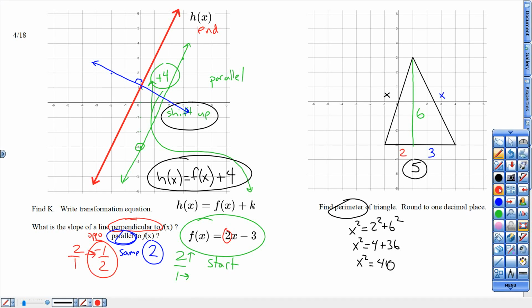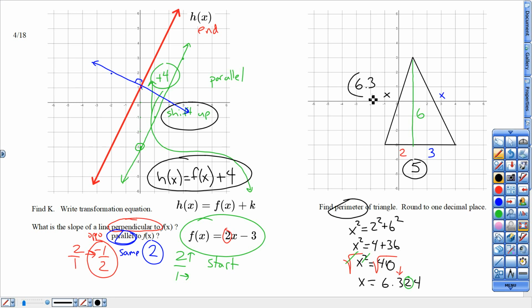If I square root 40, remember these cancel away. That gives me x equals, and root 40, if I do it in my calculator, gives me 6.324. Remember, I'm rounding to this spot right here. So that number is not enough to make it round up by 1.